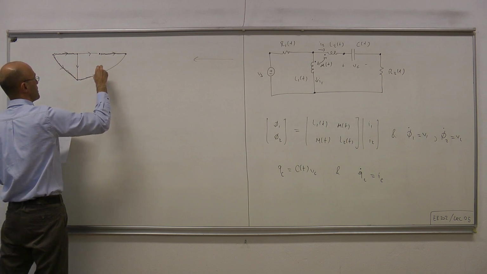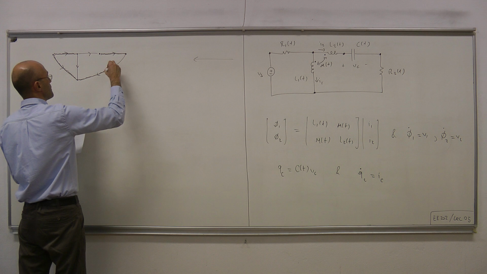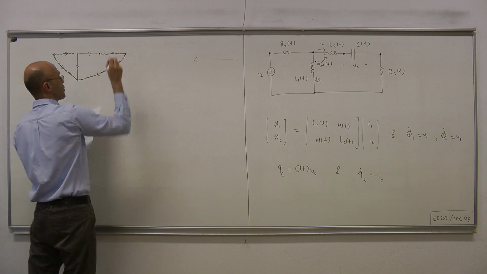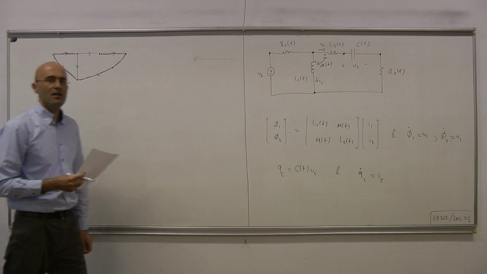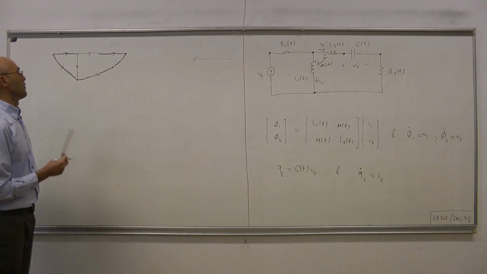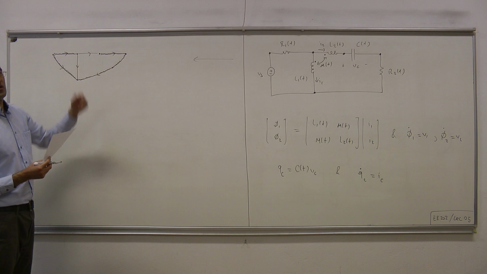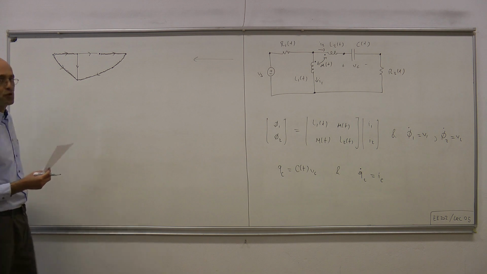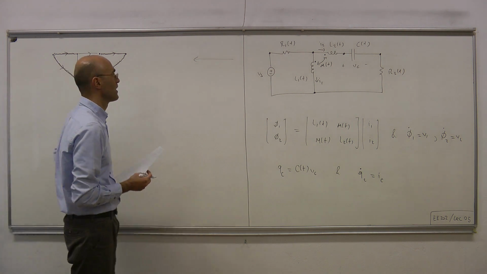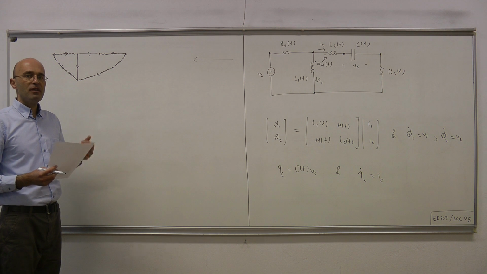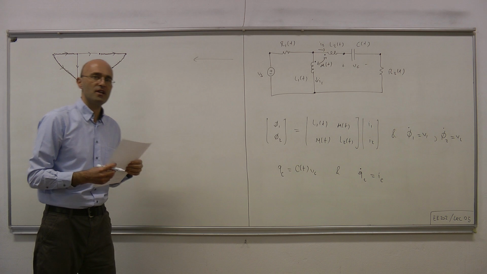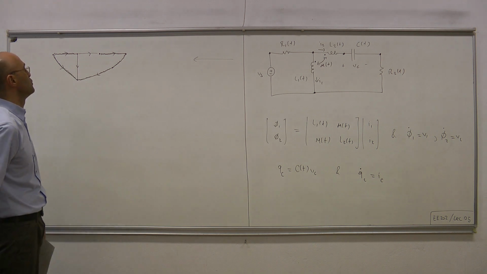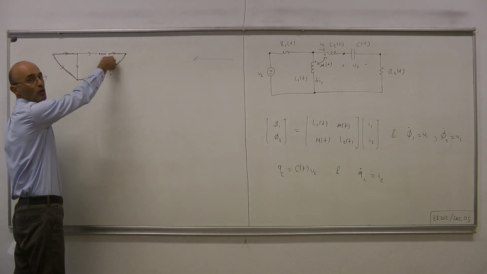It also satisfies the other constraints, like it contains the voltage source, and also it contains all the capacitors, or as many capacitors as possible. In this case, we just have one. So this is our tree. Okay. So if we go with the usual procedure to choose a state, what we have to do is choose the capacitor voltage.